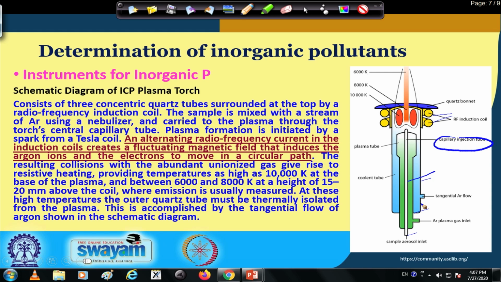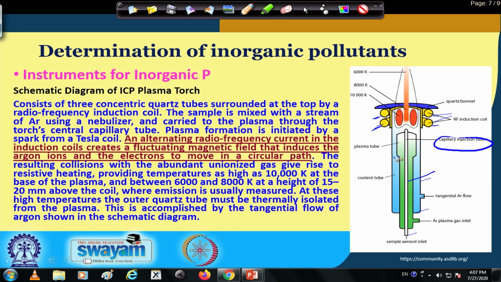Now, an alternating radio frequency current in the induction coils creates a fluctuating magnetic field. This is the radio frequency induction coil. The alternating radio frequency current generated in this induction coil creates a fluctuating magnetic field that induces the argon ions and the electrons to move in a circular path.